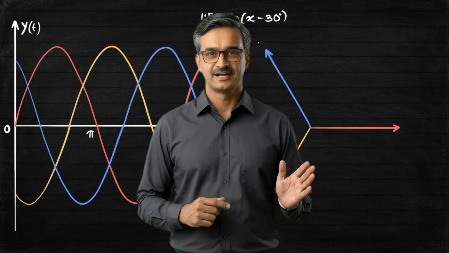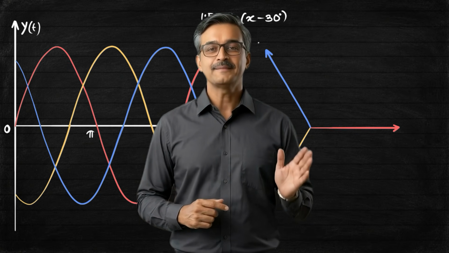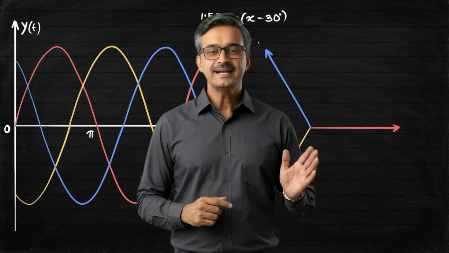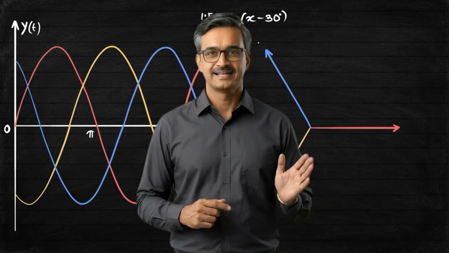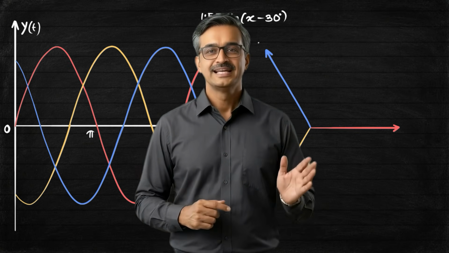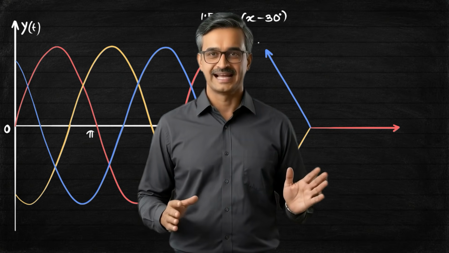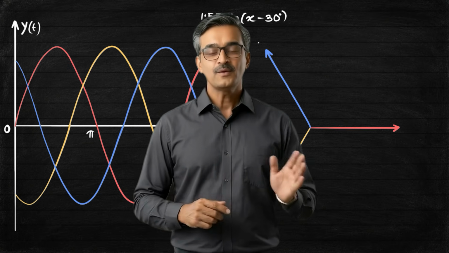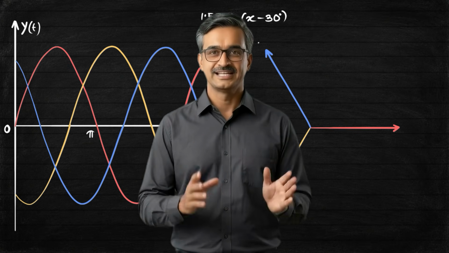Because of that, the current will no longer remain in the same phase with the previous current. There will be some phase shifting as the power factor of that phase has changed. Say for our case, the red phase current has shifted by 30 degrees from its original position. So the equation of the red phase current has now become 1.5 I sin(x minus 30 degrees).